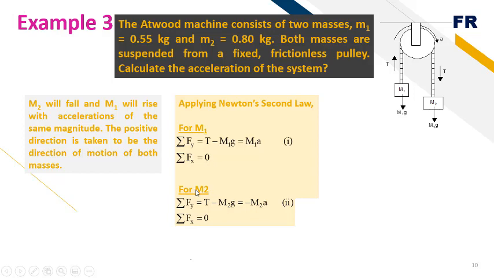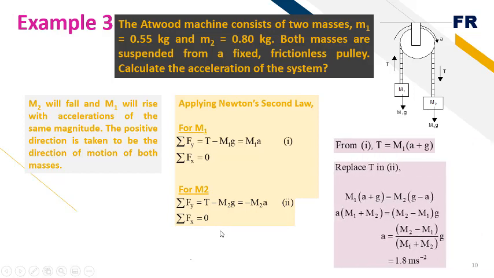And we did the same thing for M2, where the summation of Fy is T minus M2g equal to minus M2a, and the summation of Fx is also equal to 0. And from equation 1, T is equal to M1(a plus g). Replacing T in equation 2, we get the acceleration of the system to be 1.8 meter per second squared.